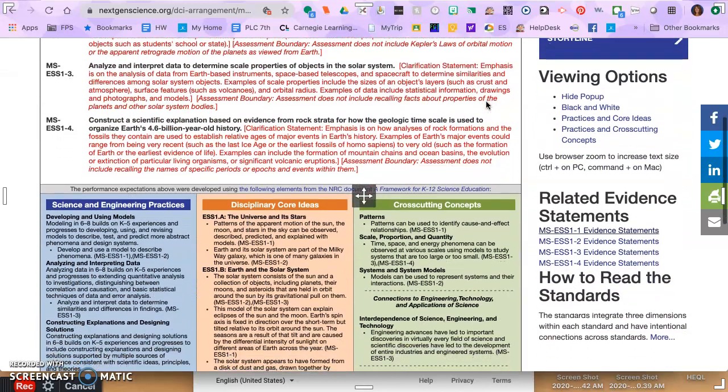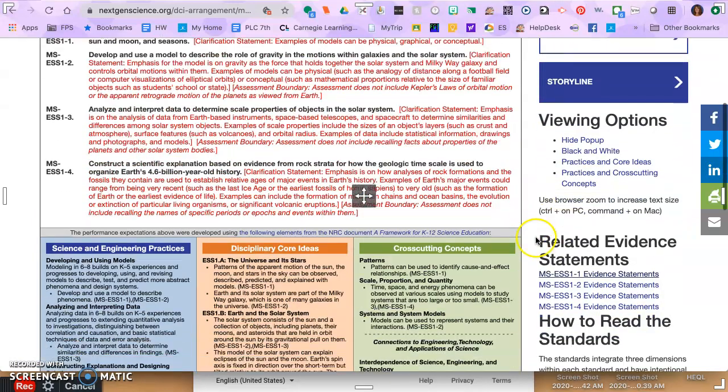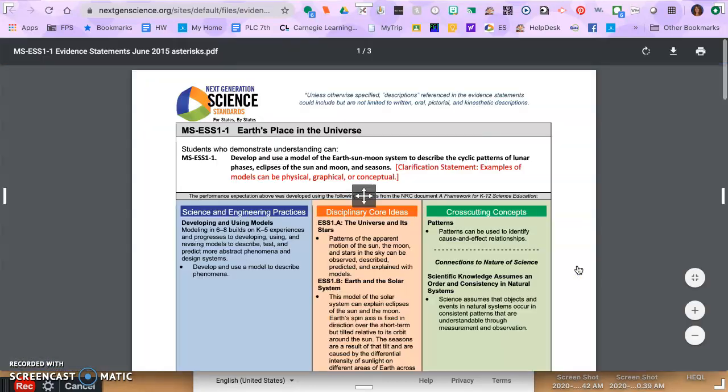Another part on this NGSS site that is very useful are the evidence statements. The evidence statements give you some more clarification when you're developing your lessons. So if I'm going to do the first performance expectation as my unit plan, if I click on the evidence statement, again, it gives me just that performance expectation.